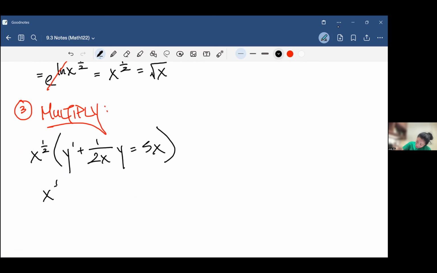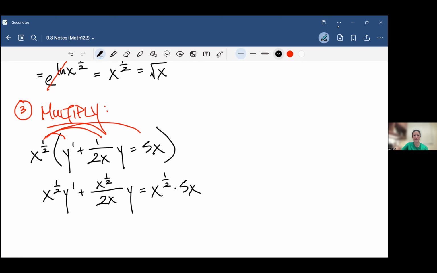X to the 1/2 y prime, so that's multiplying it here. I got to multiply over here and multiply over here. So then I get x to the 1/2 over 2x y equals x to the 1/2 times 5x, right? So I've multiplied, but again, let's use our exponent properties to clean some things up, see what we get.